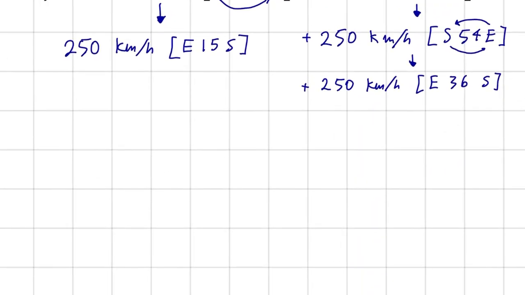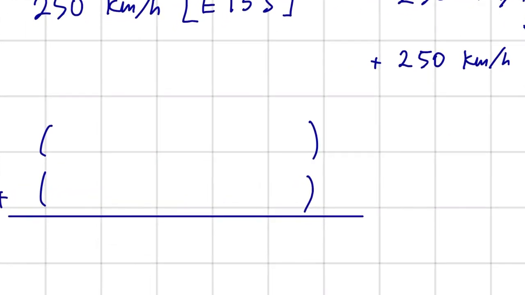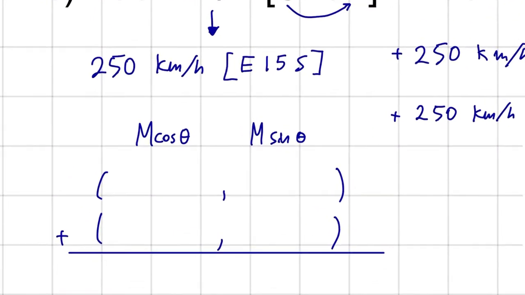So again, let's add these vectors. So here we have the magnitude times the cos theta, and here we have the magnitude times sine theta. All right, so let's plug these in.